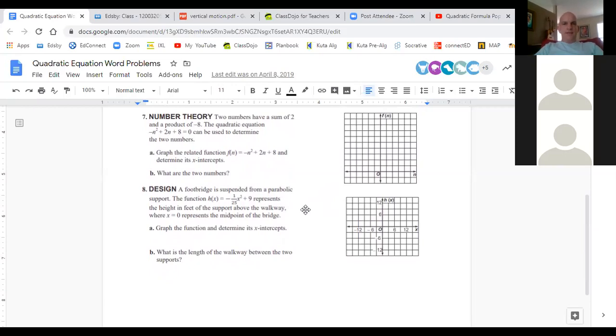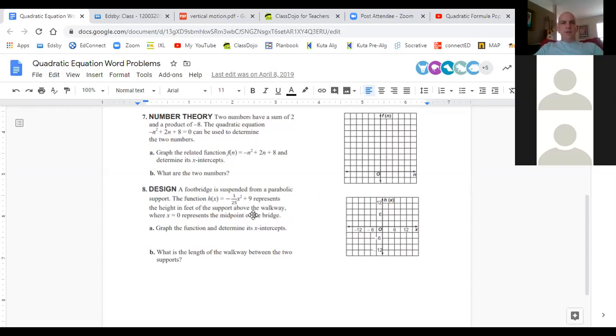All right, so the last one says a footbridge is suspended from a parabolic support. What that means is if you think about a bridge that might have that parabolic pattern and a bunch of supports from it, then you could envision what they're talking about here. But this is just a footbridge instead of a bridge for cars.